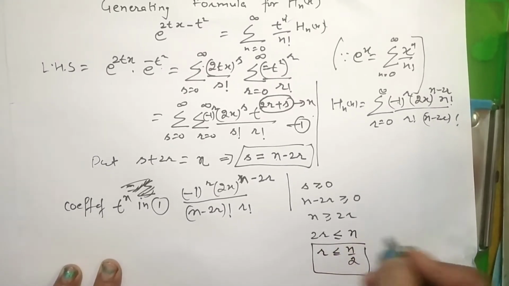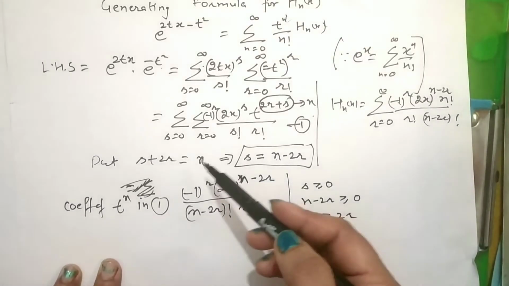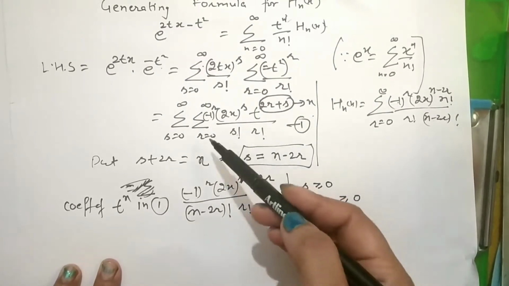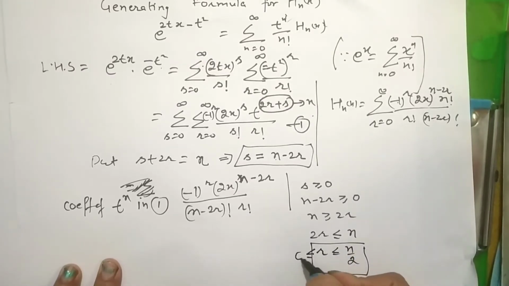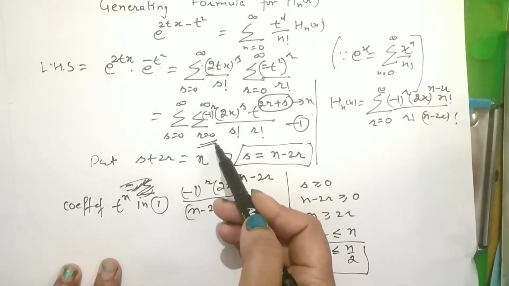What does it mean? That means the new variable r does not go from 0 to infinity. It will remain less than or equal to n by 2, and it is greater than or equal to 0, because we started r from 0.